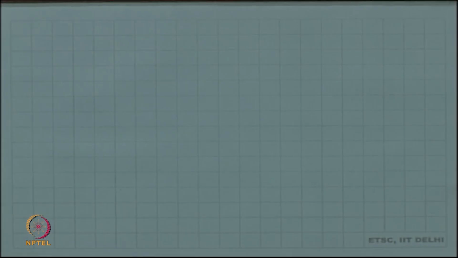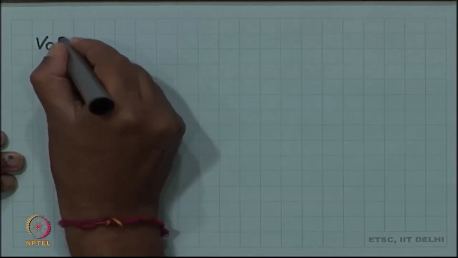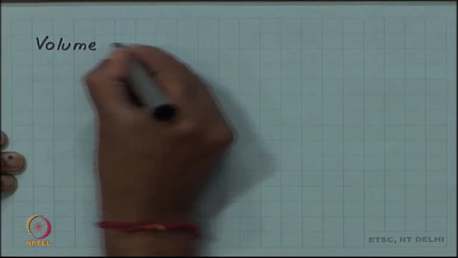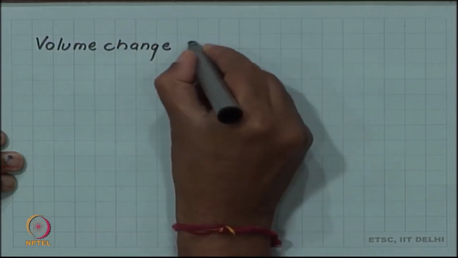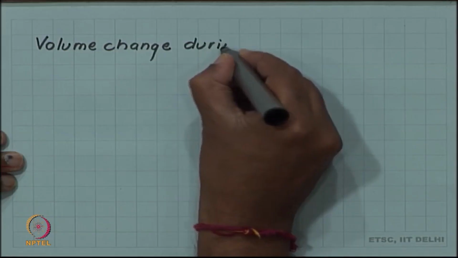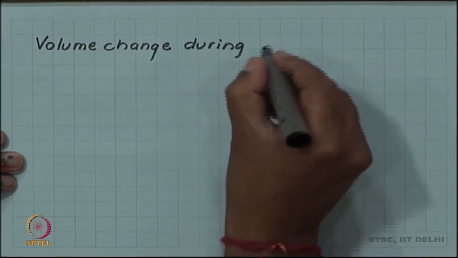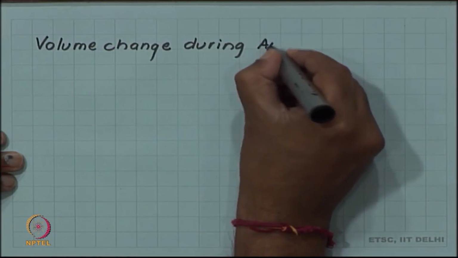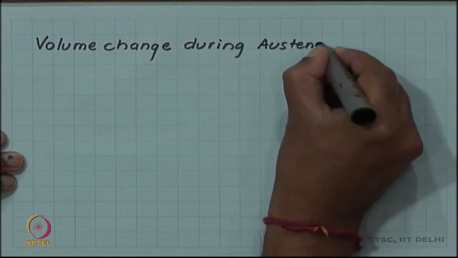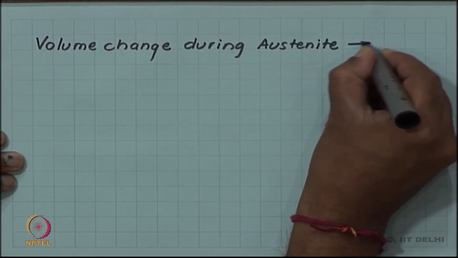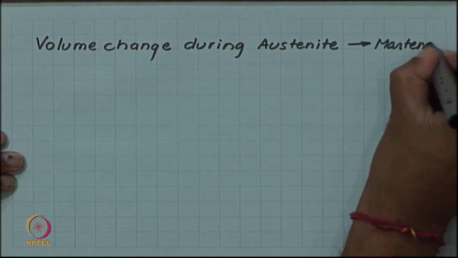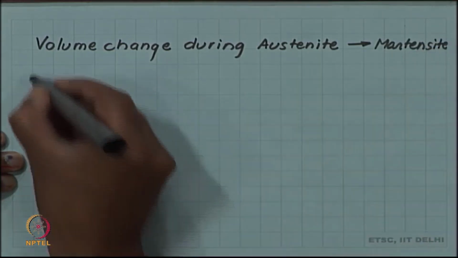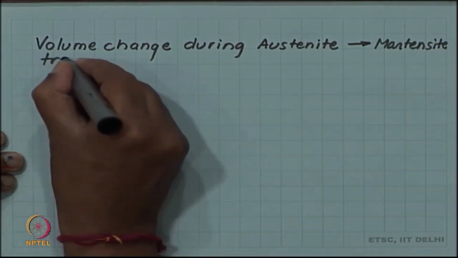So, let us consider the volume change during austenite to martensite transformation.